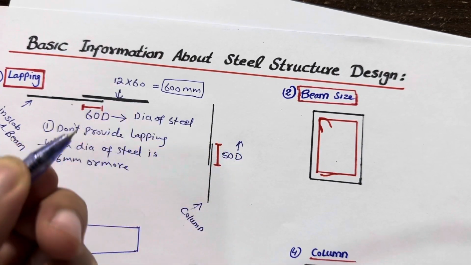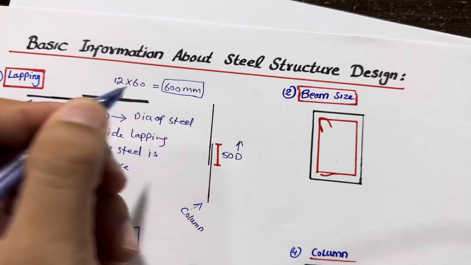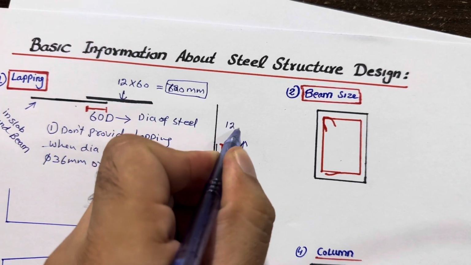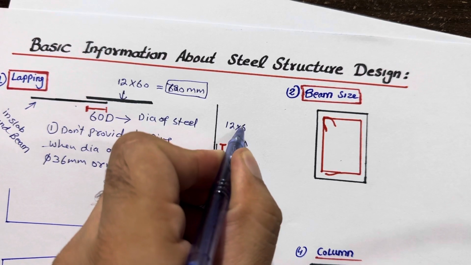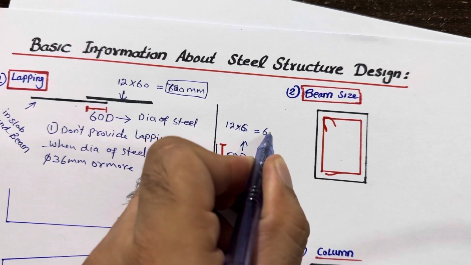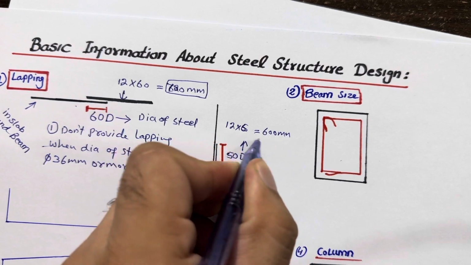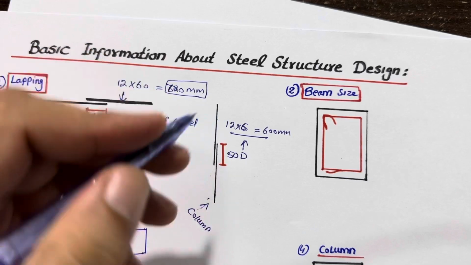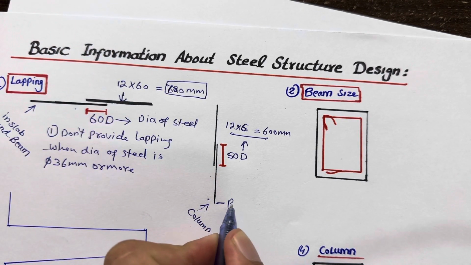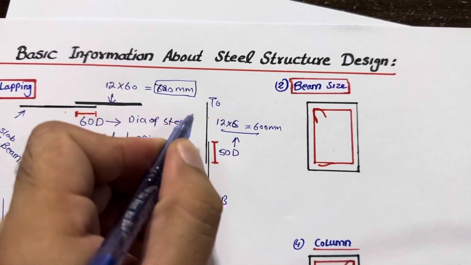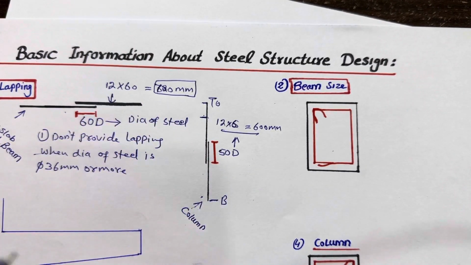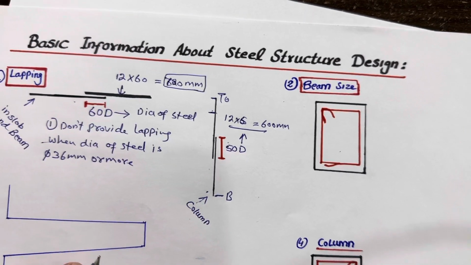For example, 12 millimeter multiplied by 50, so this is about 600 millimeter. And lapping is not allowed to be provided at the bottom or top, so don't provide it at the distance of h/2. This is very important as we discussed before.